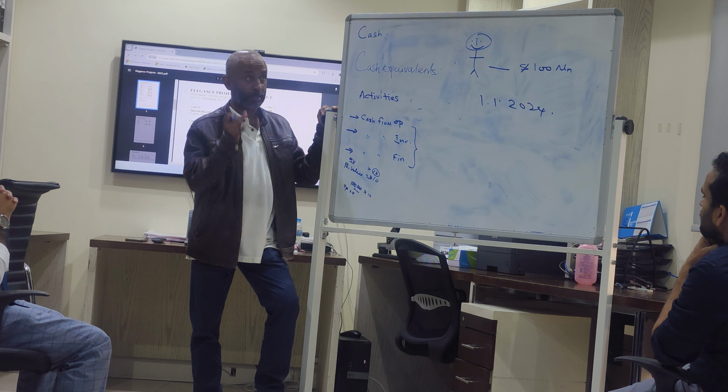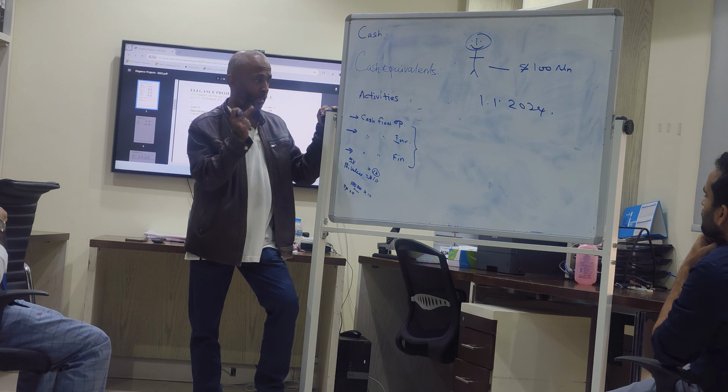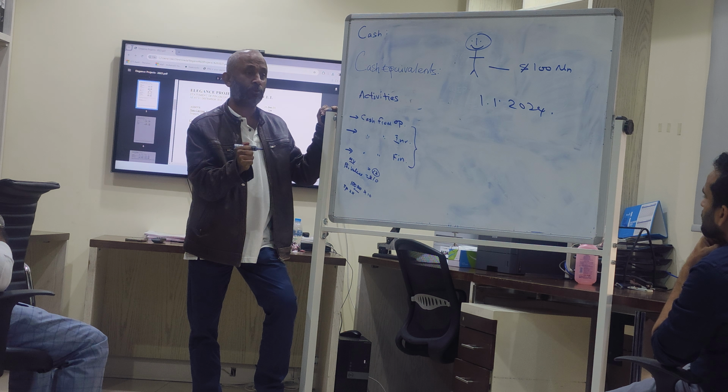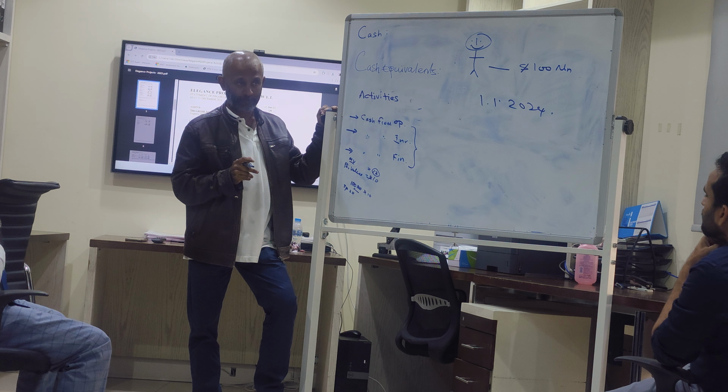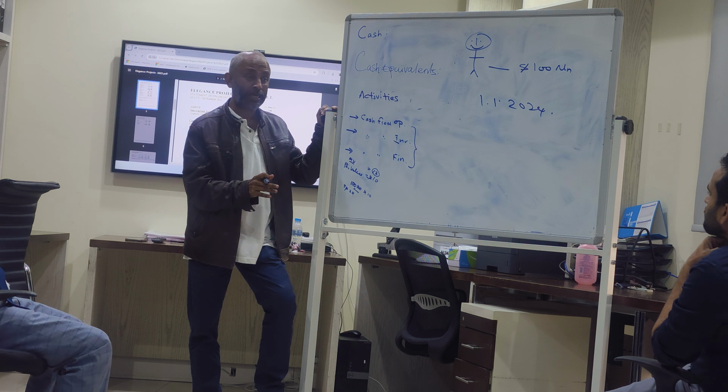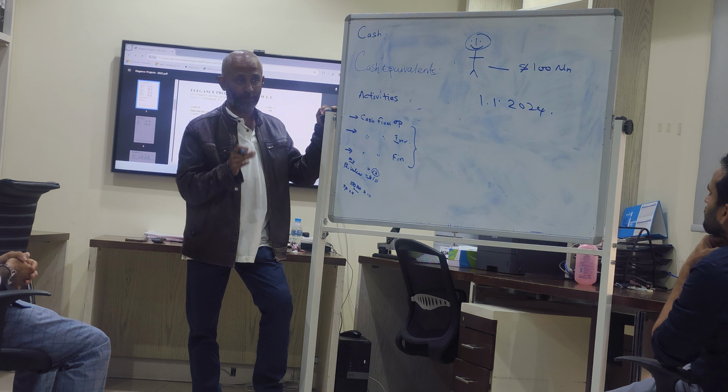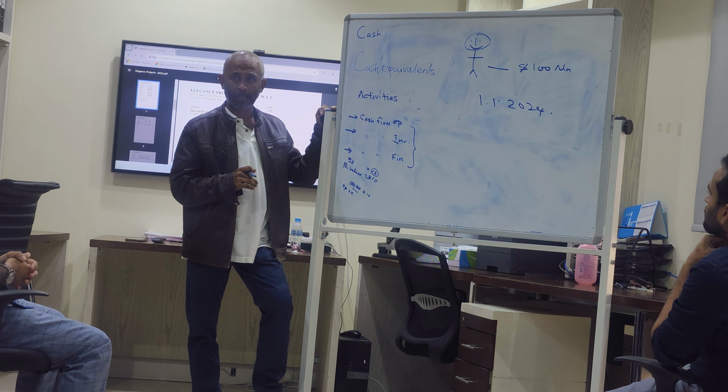So, cash equivalents, cash flow from operating activity, cash flow from investing activity, cash flow from financing activity. These are the definitions that you will see in IAS 7. Is that clear?